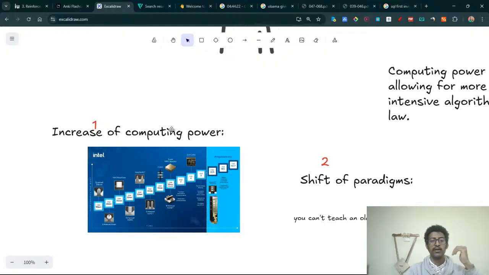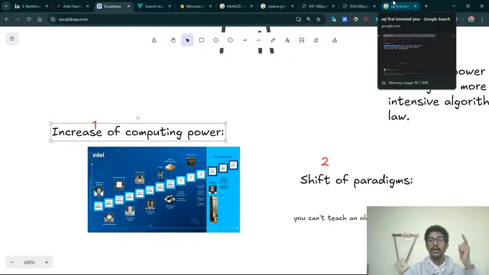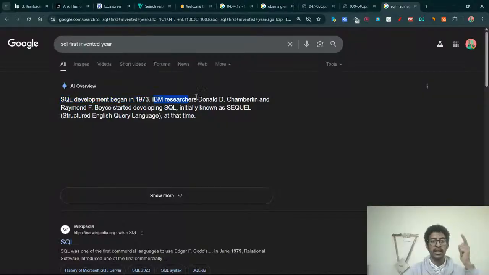So for the increasing power of computing, as I told you, IBM released this research.